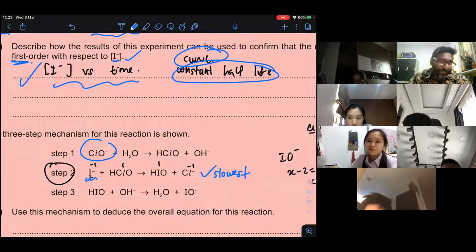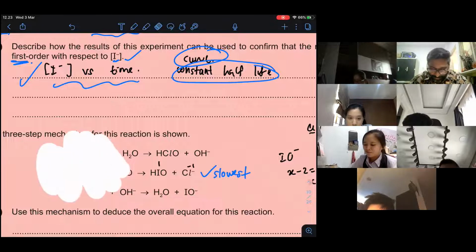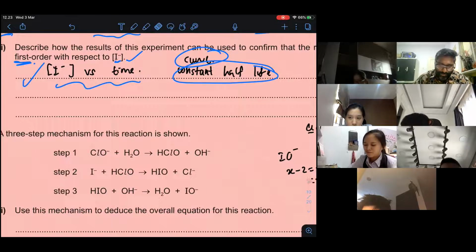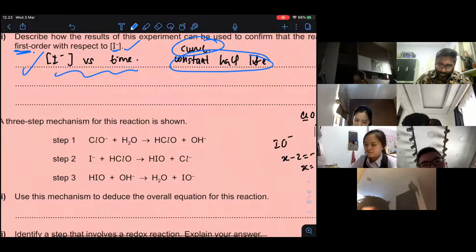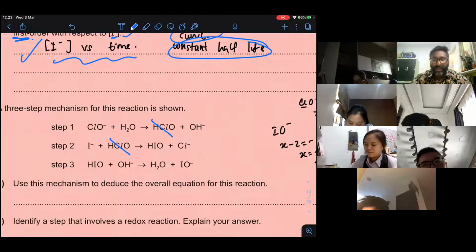But they didn't ask that. What they are asking now is to use this mechanism to deduce the overall equation. This is very easy. This happens in 3 steps. So add all of them and see which ones are going to cancel with each other. You see this one will be cancelled if you add.